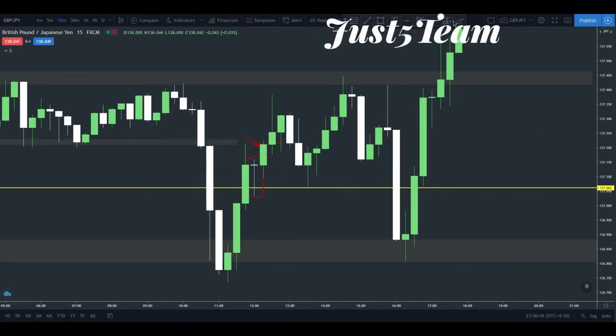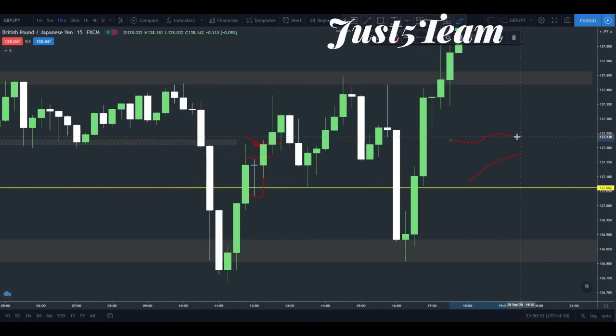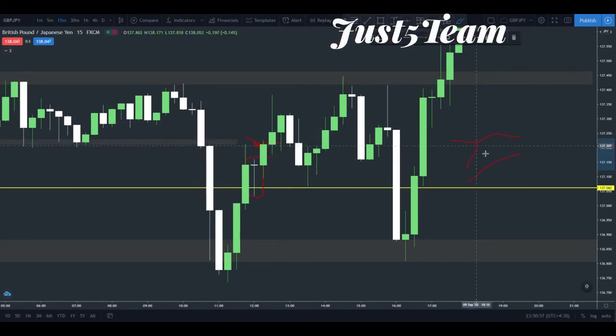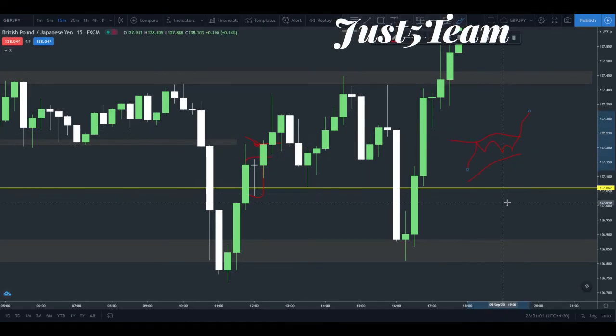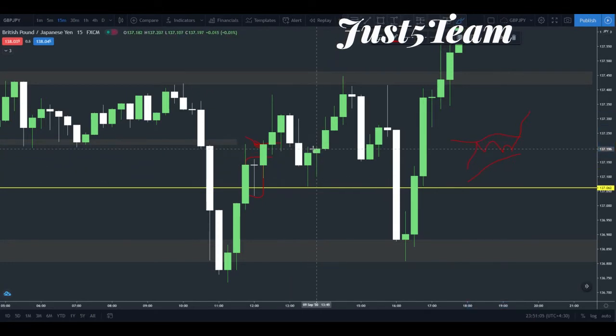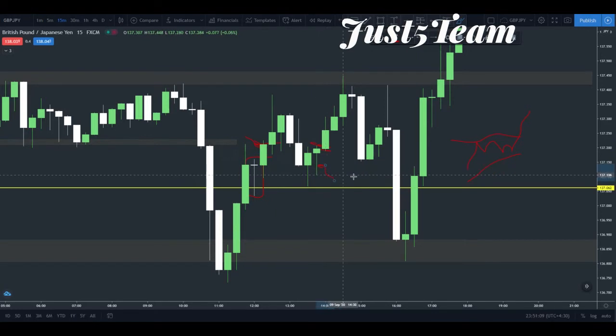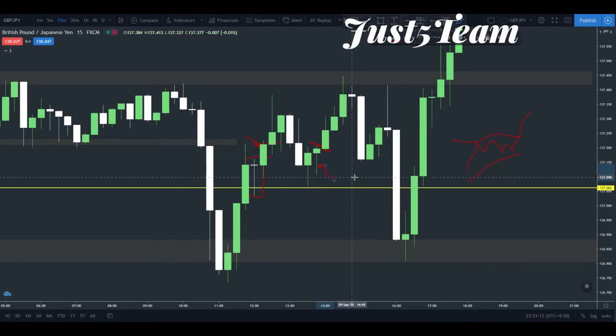If you go to the lower time frame, it will be like this pattern, just imagine a straight line, it will be like this and break out, could be like a wedge. So it goes up. You could go for a buy around here after this candle closes. So it's very important to do it like that.